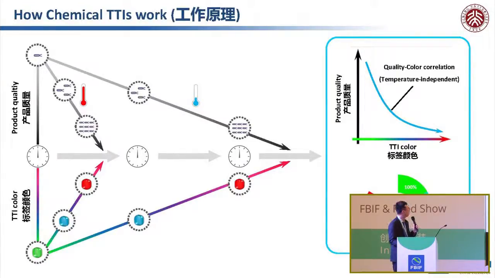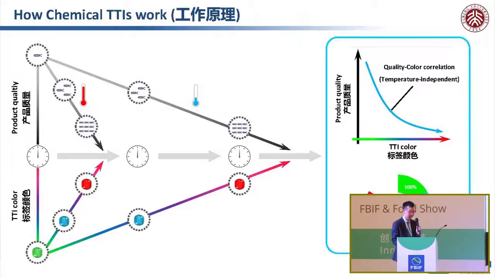Here's a slide showing how a chemical TTI works. We see that over time the quality of a product declines. Let's again take microbial growth as an example. At a lower temperature, for example, the bacteria in there multiply, and at some point we say that the product has gone from good to bad.